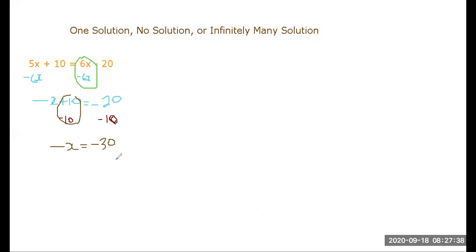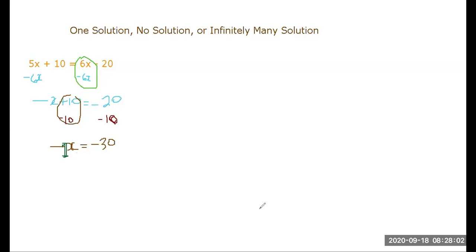All right, keep in mind, this doesn't say x equals negative 30. We're not done. We need to find what x is. This says negative x. In reality, there's an imaginary 1 right here. We just don't need to put it. But there's a 1 right there. So it's saying negative 1x is equal to negative 30. But instead of writing the 1, we just say negative x.